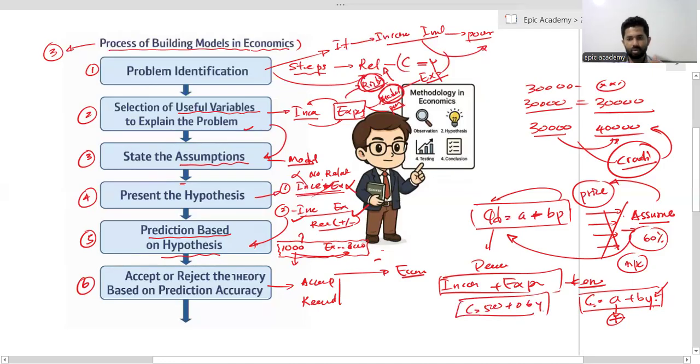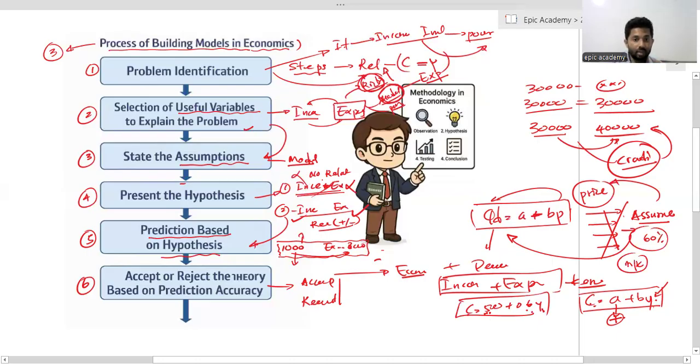If the income is 0, consumption equals 500. So if the income equals 1,000, what will happen to consumption? 600 plus 500. It is 1,100. Yes, that's the theory. So according to that, this is the economic theory.